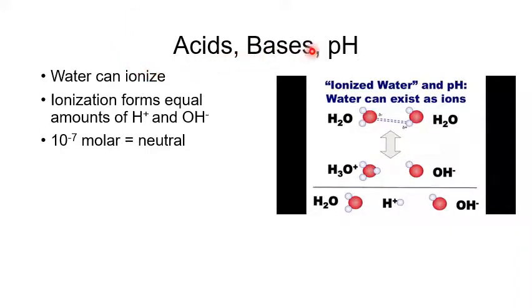So most of you probably have heard of acids and bases and maybe heard of pH. pH is basically the measure of what we call hydrogen ions. Okay, so if we took pure water in a vase, we would not find solely H2O.